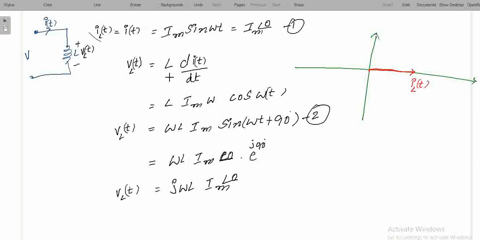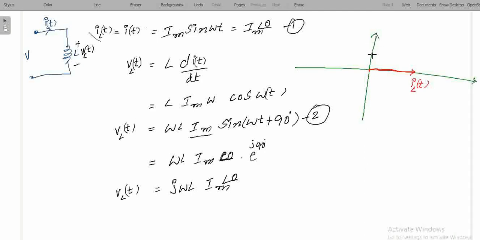Let us compare VL of t with IL of t, that is, current flowing through the inductor and voltage across the inductor. It has the Im term, sin, with 90 degrees added. Instead of Im, here Im is multiplied with omega L. So the peak value of your VL of t is increased by a factor of omega L.